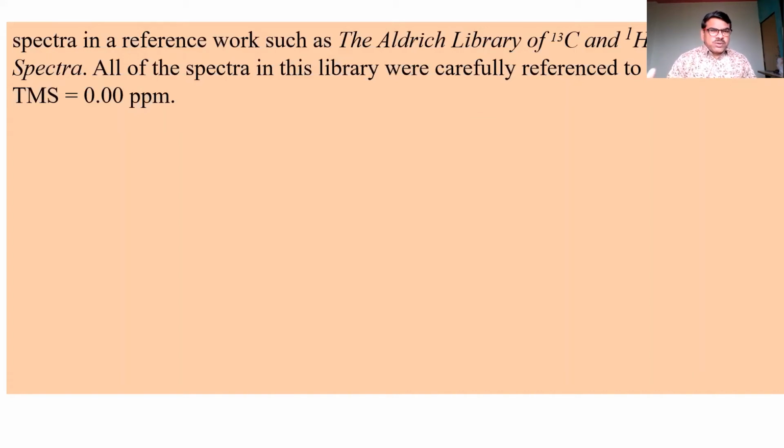Suppose you take the pure spectrum of ethanol, and the spectrum of a compound extracted from a plant, and you try to compare it with that ethanol spectrum taken in our laboratory, definitely that is not useful. For that purpose, you have to use the Aldrich library of C13 and H1 FT NMR spectra. In that case, TMS is always 0 ppm.